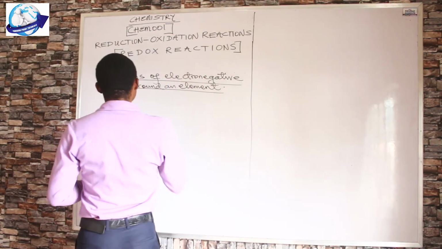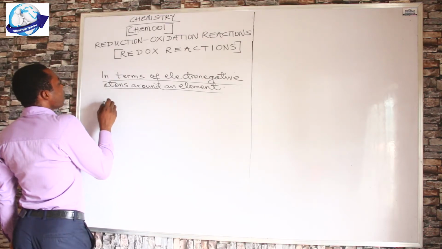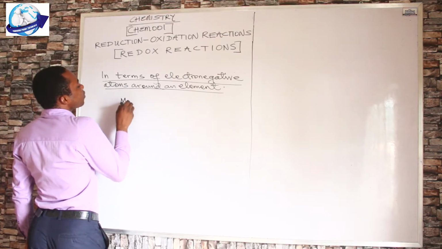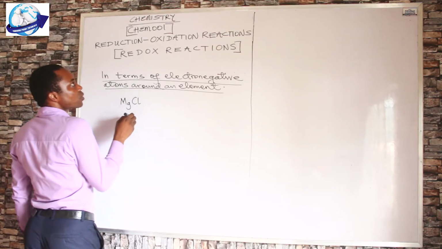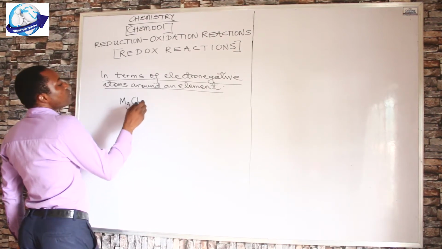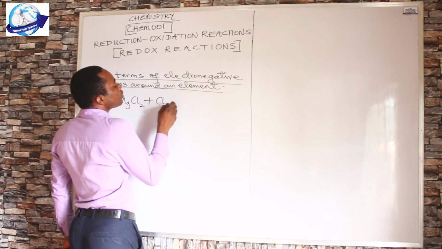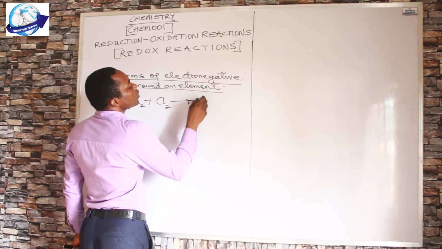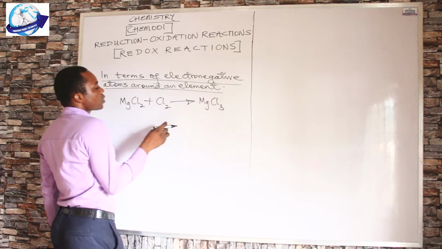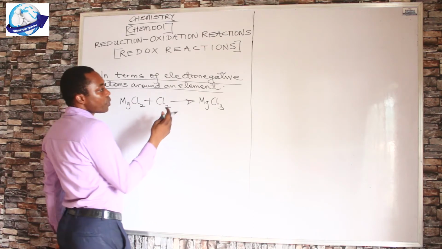For instance, we have magnesium chloride, and then when you have an addition, it becomes something like this. I just make an illustration to make it clearer.